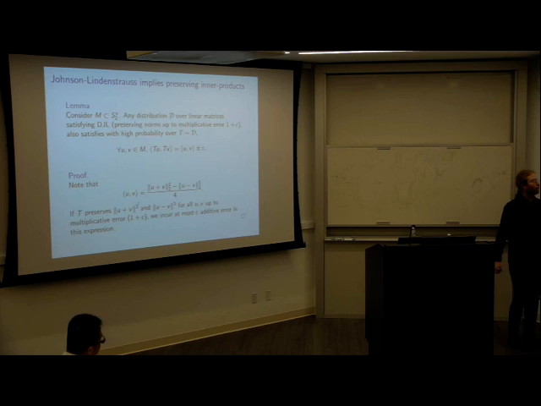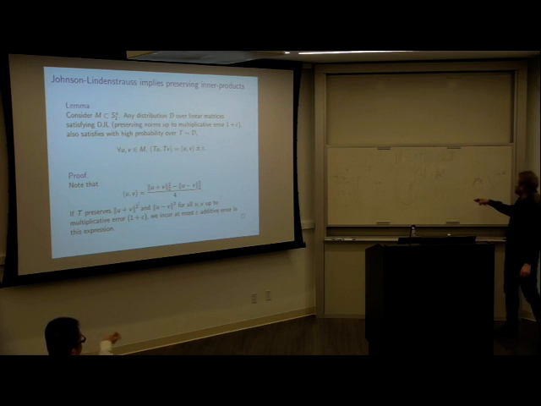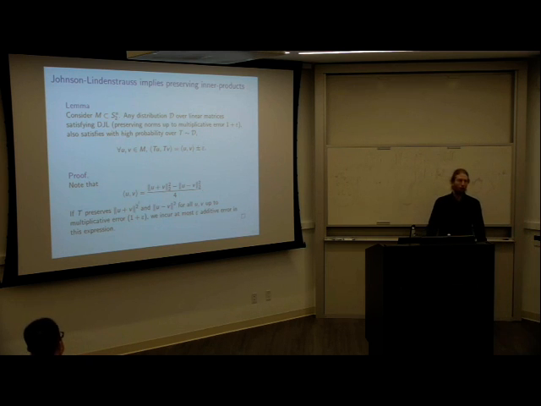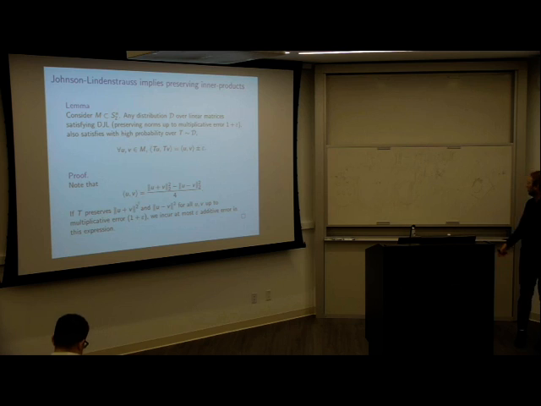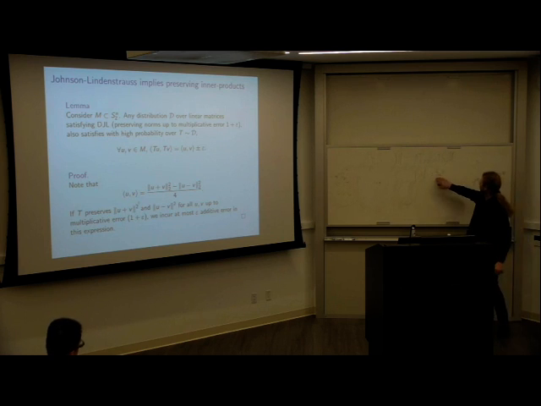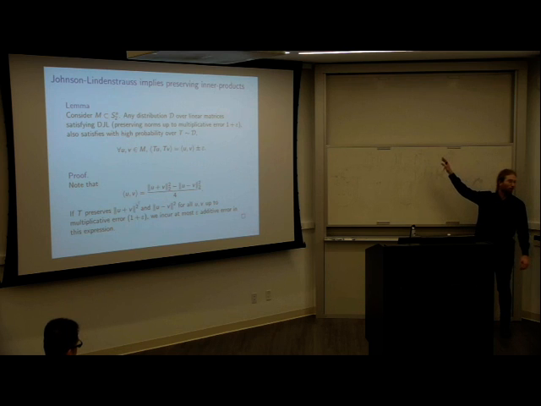So I have constructed this net of size something like 10 to the k. I'm going to apply Johnson-Lindenstrauss for all vectors u plus v and u minus v for all pairs of vectors u, v in this net. But since the target dimension depends only logarithmically, I'm not losing anything. I'm just going to apply the JL for 10 to the 2k vectors, or 100 to the k vectors. But the log of this is again on the order of k.